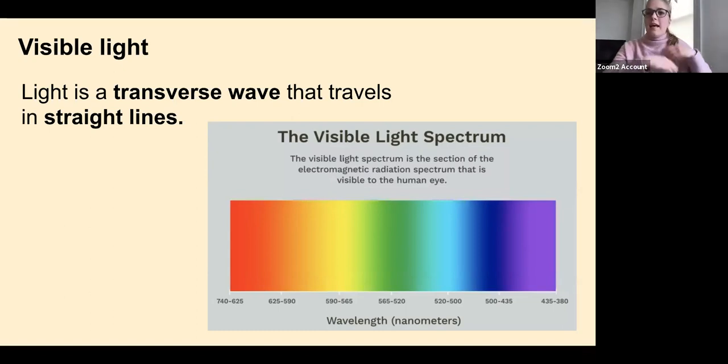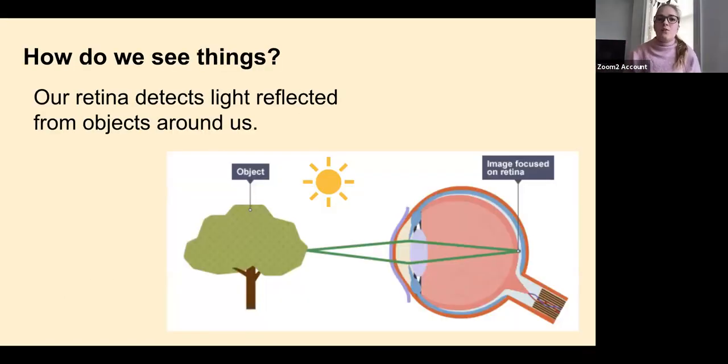Great. So how do we see things? Our eyes detect the light that's reflected from objects around us. Remember last week when we were talking about how the color of an object that we see is the wavelength of color that's reflected. Light from the sun is white light, and this contains all the different wavelengths of light.